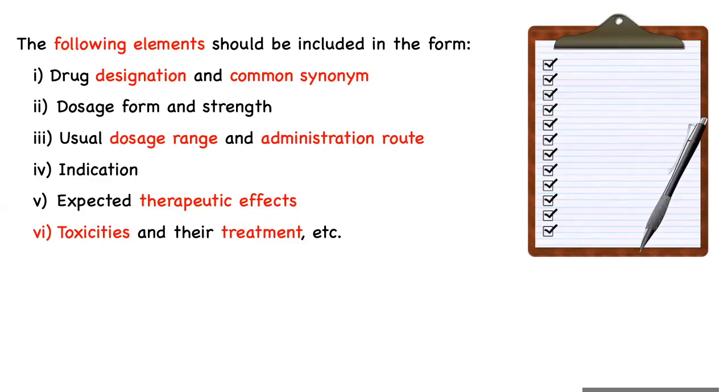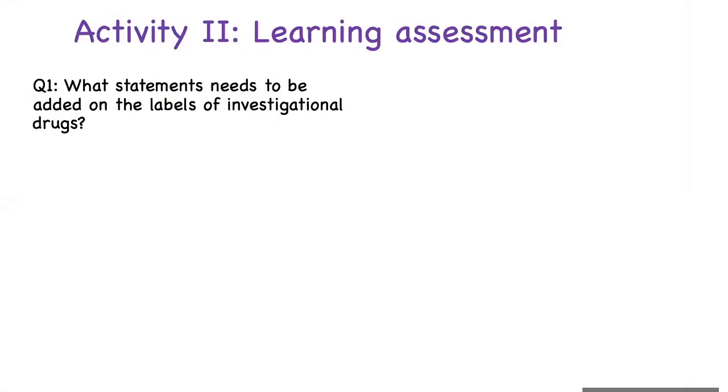Okay, so I'm done with the first part of today's session. Before going ahead, let's quickly have the question and answer session. My first question is, what statements need to be added on the label of an investigational drug? And today I am expecting this answer in the chat box. Okay, very good. 19 page 53 has given the first answer.